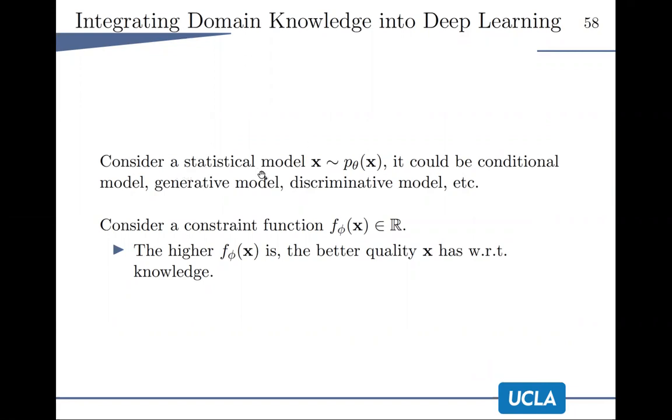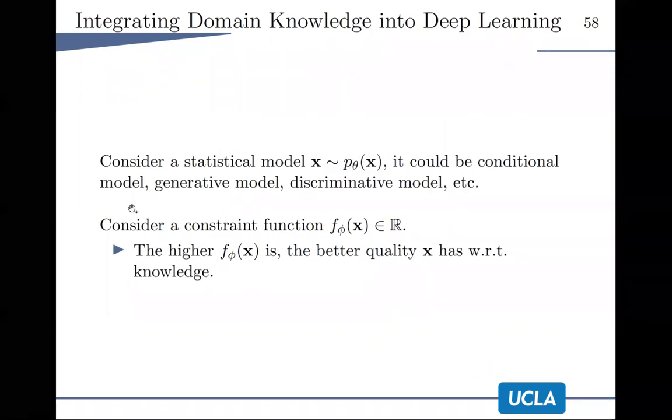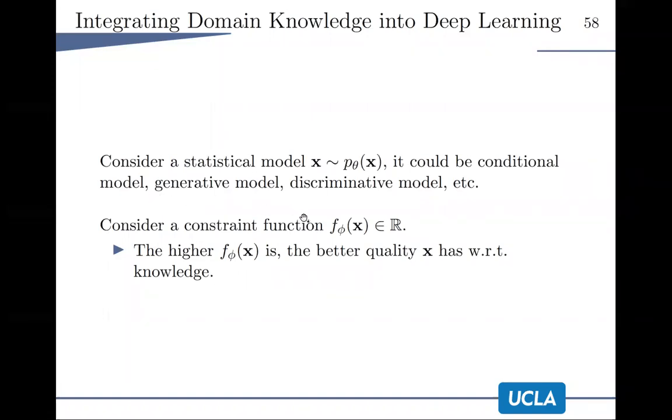We have a statistical model that generates X from p theta of X in general. It could be a conditional model where we omitted some conditions, for example, z. It could be a generative model, and also could be a discriminative model. We don't care, we just write it this way.